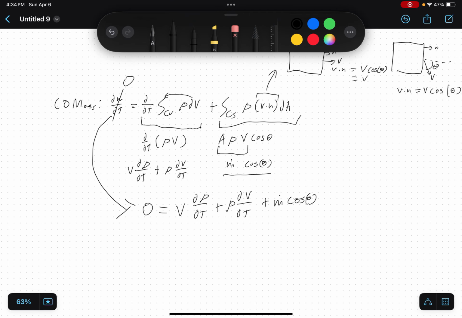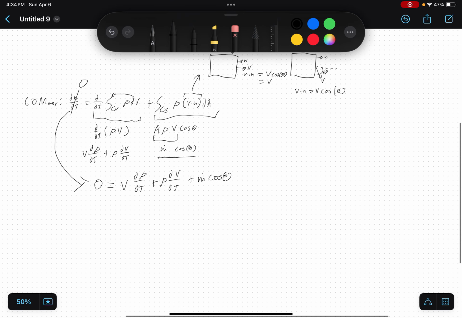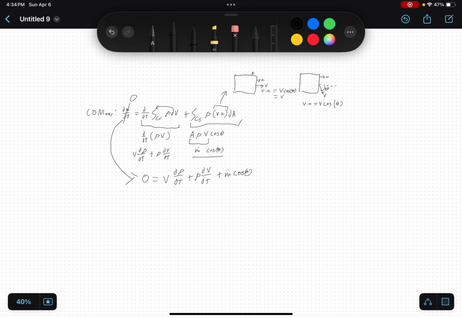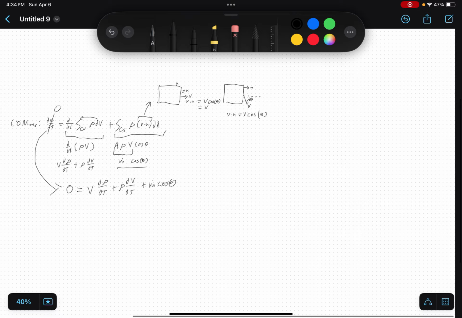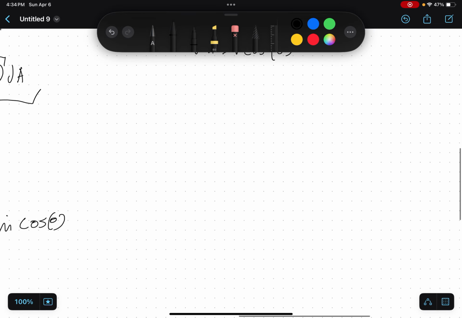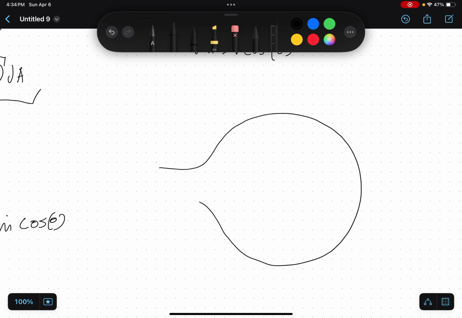Okay, so what does this mean? Well, let's look at an example. I'm not going to do one with numbers, I'm just going to do it theoretically. So let's say you have a balloon and someone's blowing into it.